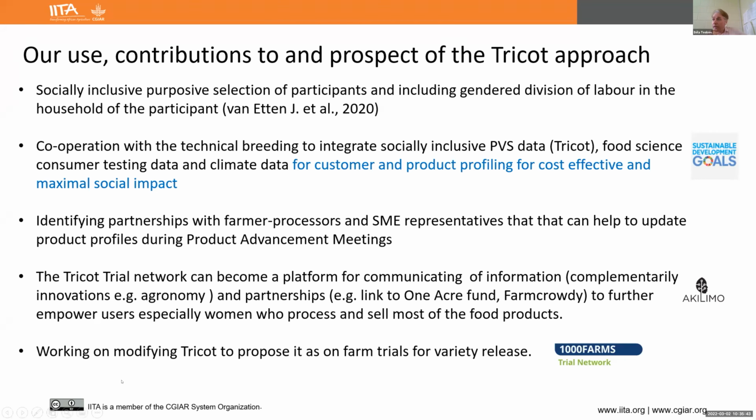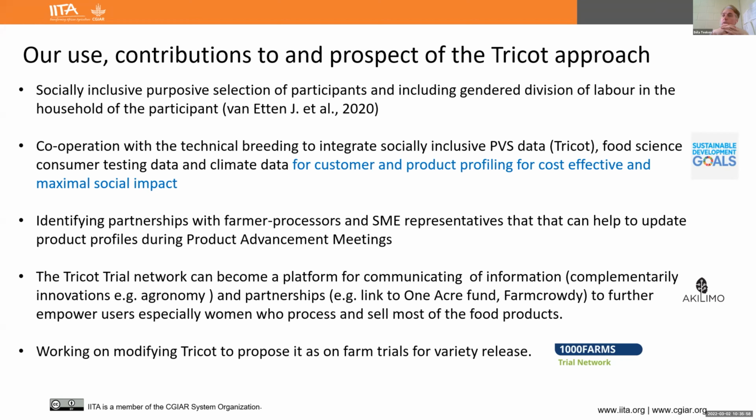And then we identify partnerships with these farmer processors and small and medium enterprise representatives that can help update information we need for product profiles during product advancement meetings. And then TriCOT goes much further.